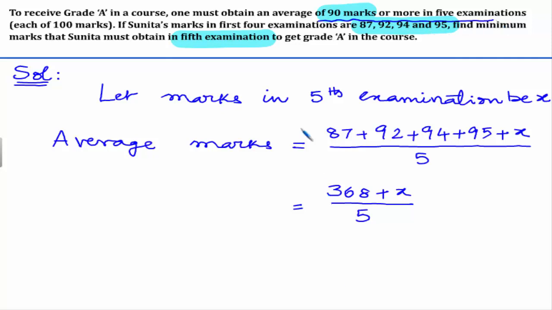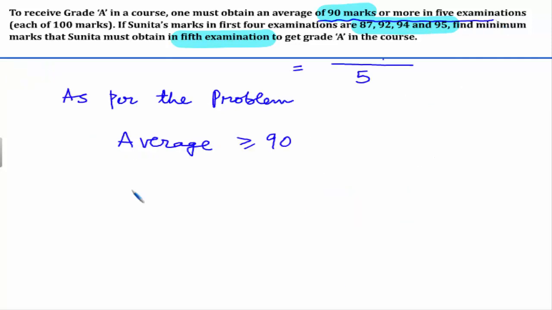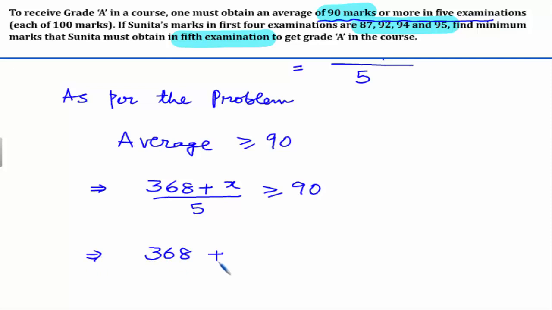To get grade A it should be 90 marks or more. So as per the problem, the average should be greater than or equal to 90 to get grade A. That means (368 + x)/5 ≥ 90. On cross multiplication, we get 368 + x ≥ 450.